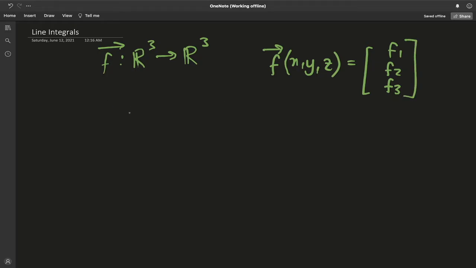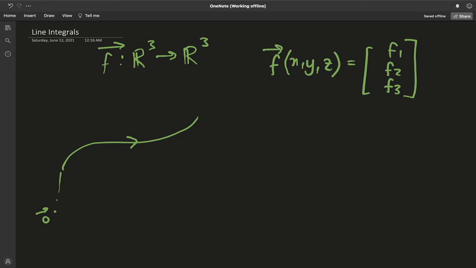Now, assuming we have some path, some line, some curve, the best thing to do is give it a direction, and an even better thing to do is to parameterize this curve. So assume this is the origin here.